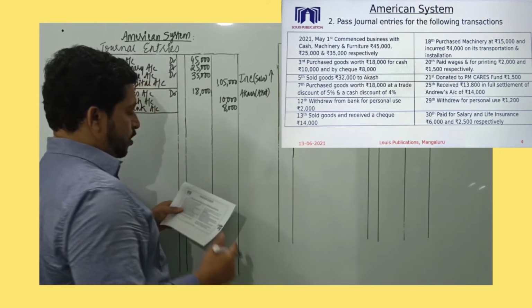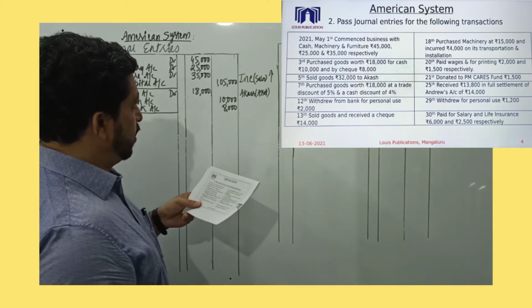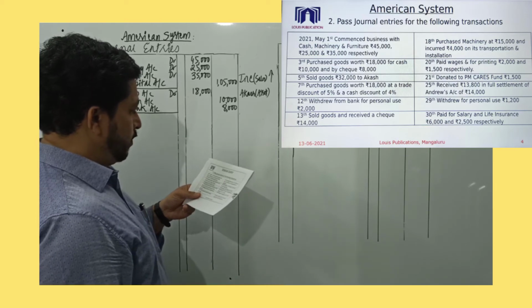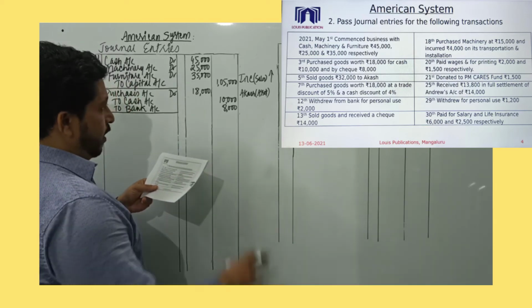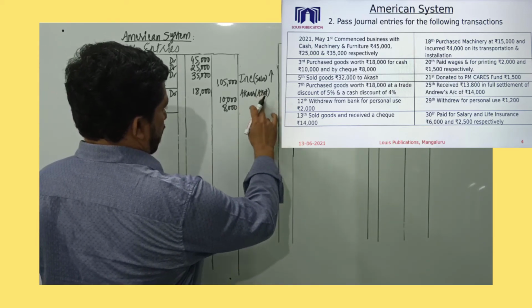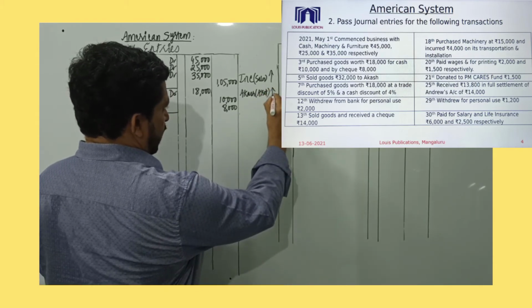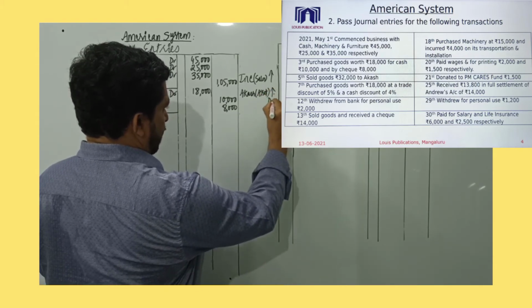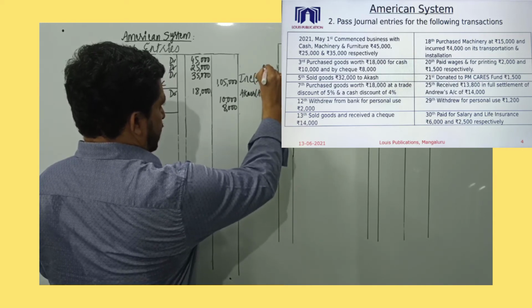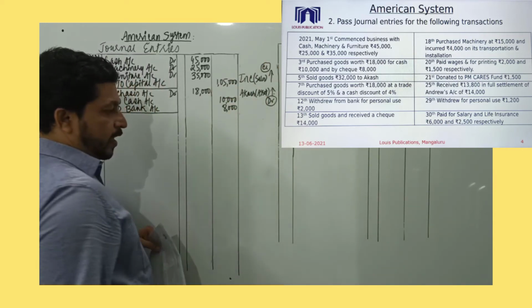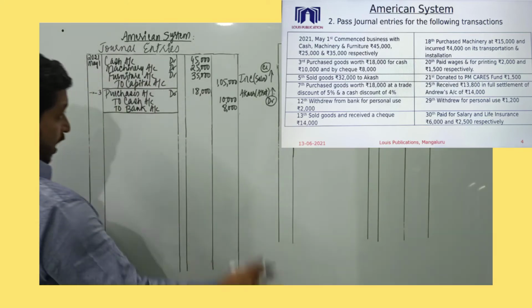So the entry is there is an income, and the amount is due from Akash. Asset value increases, this would be debit. Income value increases is always a credit. Credit all incomes and gains as you have in nominal account.